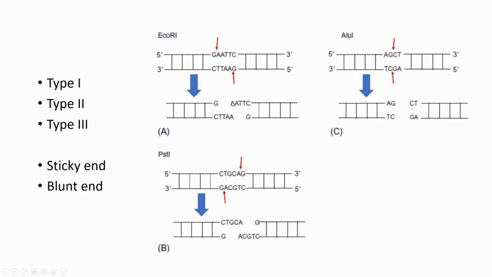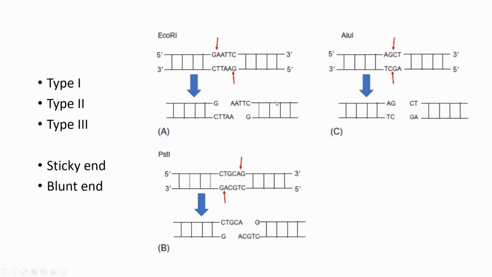And this sticky end is called a 5' overhang, because this 5' sequence here is single-stranded. This one is a 3' overhang, because the 3' end here is single-stranded. And this is a blunt end.